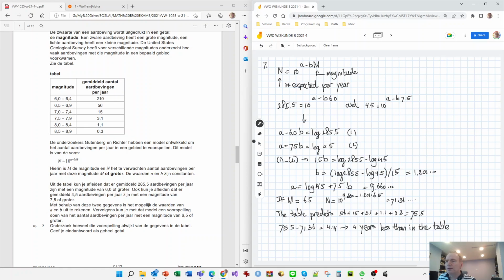And now they're actually asking how does it afwijken, means how it deviates from what's given in the table. Well, what's given in the table for 6.5, I need to add all these numbers, 65, 3.1, 1.1, 0.3.